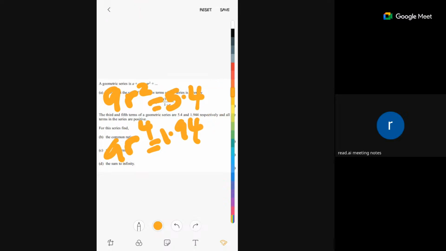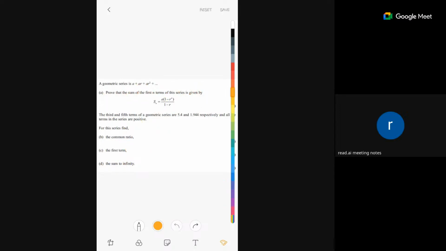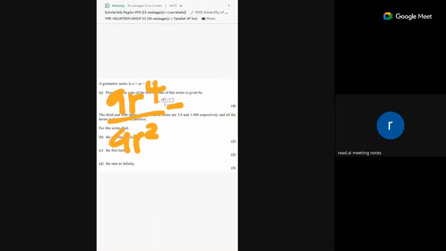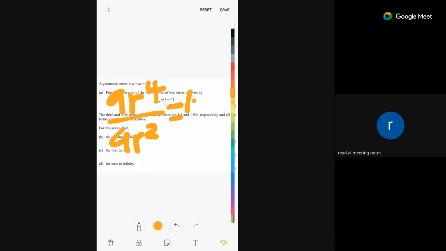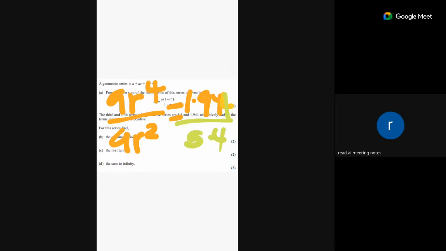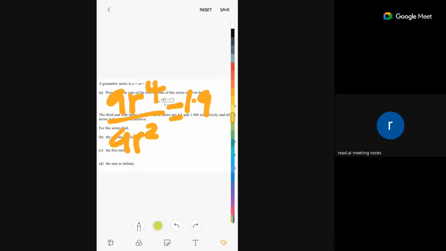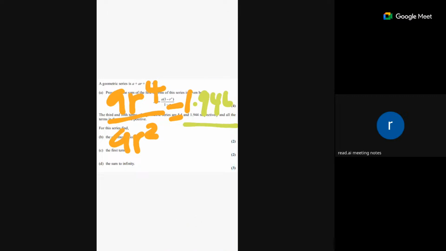Let me write it so that we'll get it: ar raised to the power 4 divided by ar raised to the power 2 equals 1.944 divided by 5.4.